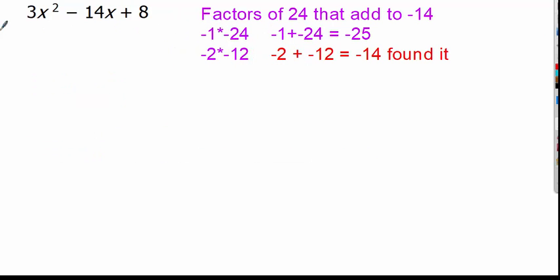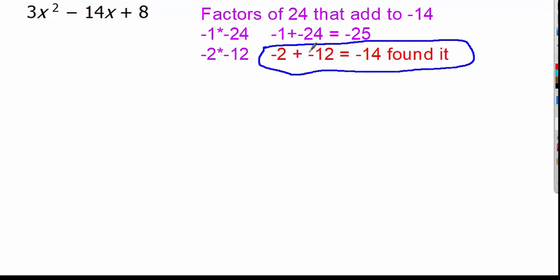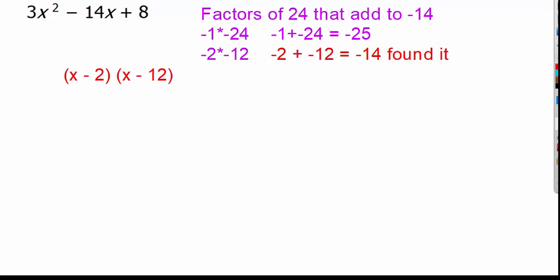So in this case, I'm doing 3 times 8, factors of 24. In order for that to add to a negative, they both have to be negative. And even though there's other factors past this, once I found it, I'm done, and I'm just going to move to the next step by writing the factors out. Oh, but remember that a, I got to move it back. So I divide both of those by 3.